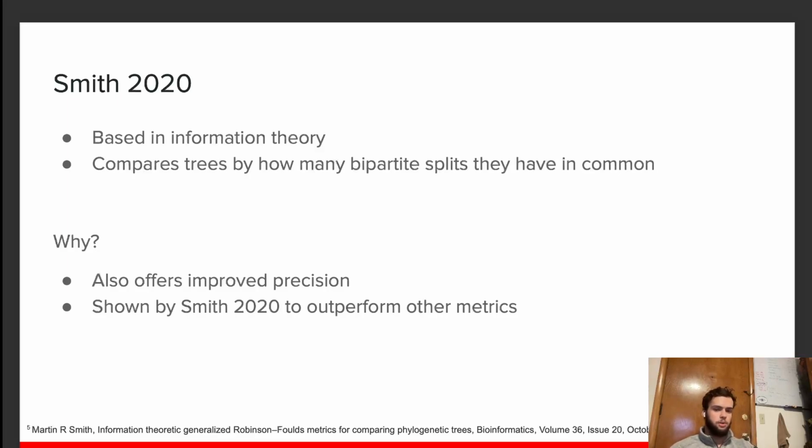This is any real number from 0 to 1. And it was shown in Smith 2020 to outperform many other commonly used metrics like Robinson-Foulds distance in various ways. There will never be probably a metric that does best in every possible way, but the metric proposed by Smith in 2020 does very, very well across the board.